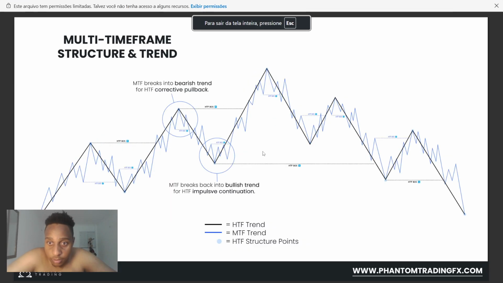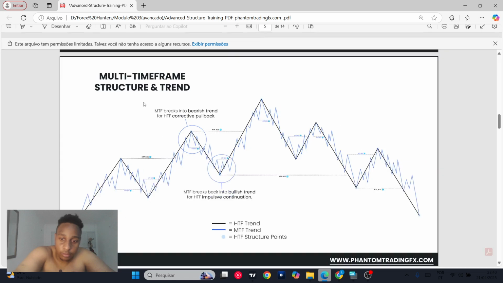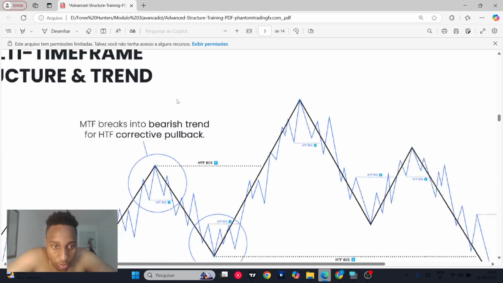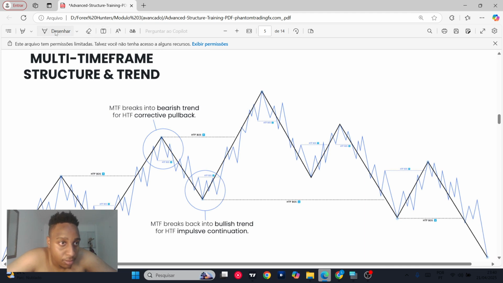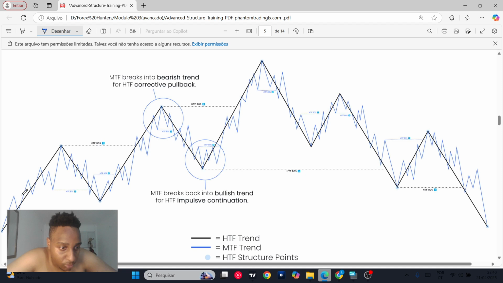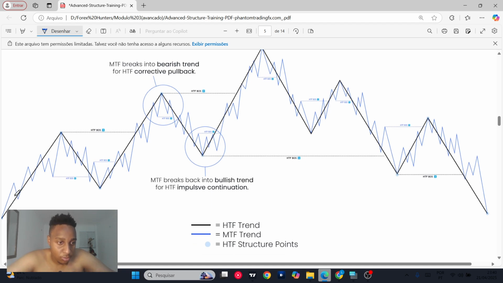Sorry guys, let me do it in another way because I wanted to expand it. Okay, first of all, you see this blue line right here. This blue line represents the mid time frame, like 5 minutes, and the black line represents the higher time frame trend.